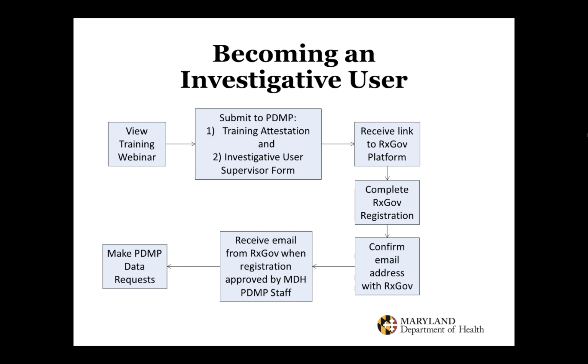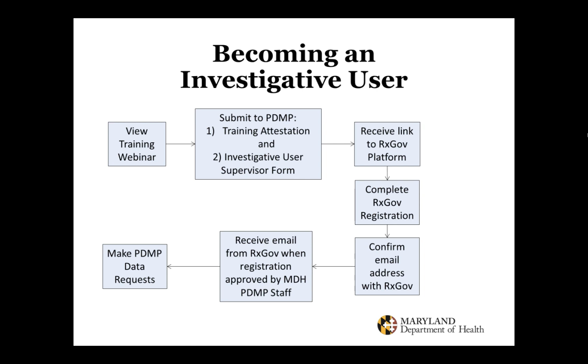First, you watch the training webinar that you're listening to right now. Then you will submit to the PDMP office completed and signed forms that include an attestation that you have viewed the PDMP training and an investigative user supervisor form, which will be signed by your supervisor. Once those forms have been received by the PDMP office, you will be emailed a link to the RxGov platform where you will complete your registration.